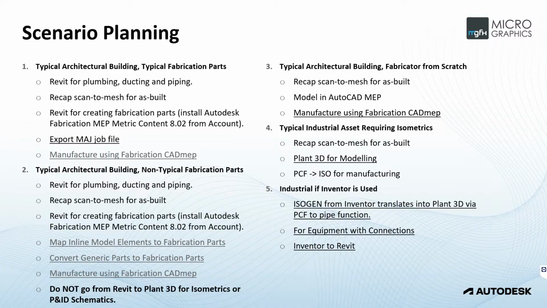That's, of course, part of the AutoCAD toolset. I wouldn't use AutoCAD MEP in a Revit model for a Revit design, but I would use it if I was a manufacturer and a manufacturer only. So you need AutoCAD to run fabrication CAD MEP. And if you have an AutoCAD license, then you've also got AutoCAD MEP.